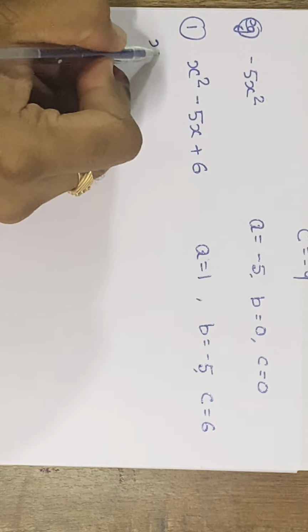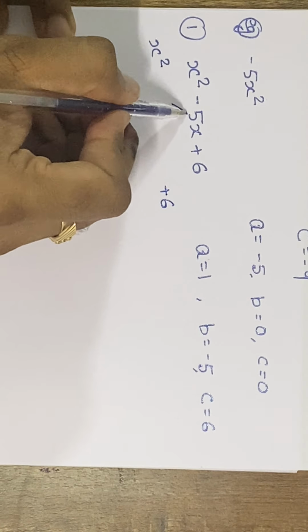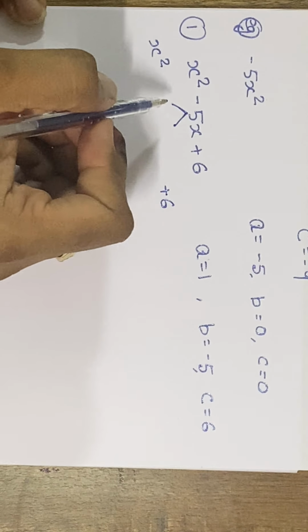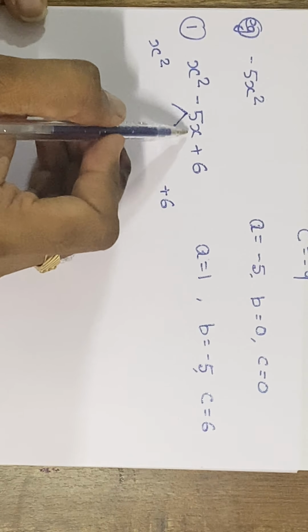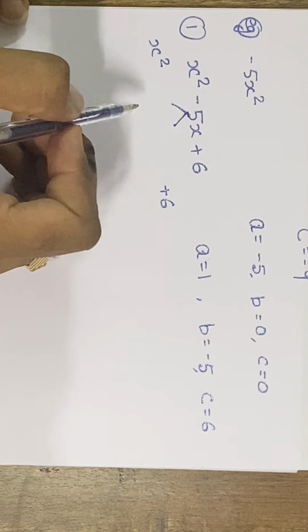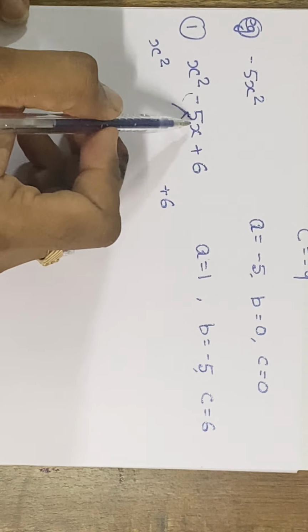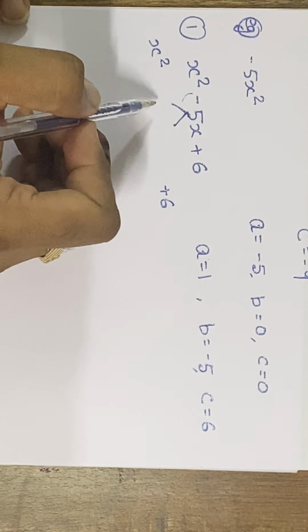I am going to write my first term and last term as it is, and I am going to split this minus 5 into two parts. Remember, do not confuse with x. Leave x right now as it is. Just remember this number along with the symbol. So basically you have to split b in two parts because this is ax squared plus bx plus c.